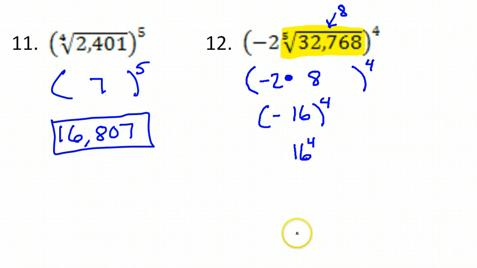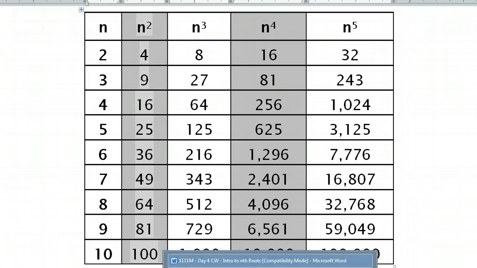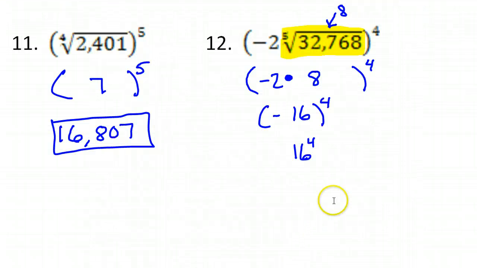Now 16 is not on my list here; it only goes up to 10. So I have a couple of different ways I can do this. One thing is just to remember that 16 to the 4th power is just 16 times 16 times 16 times 16.